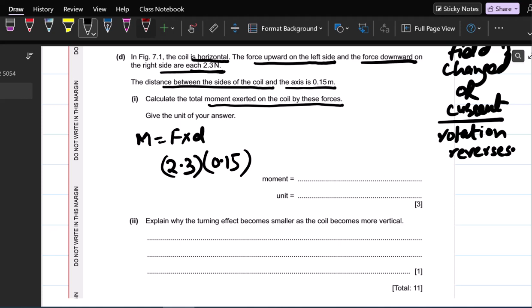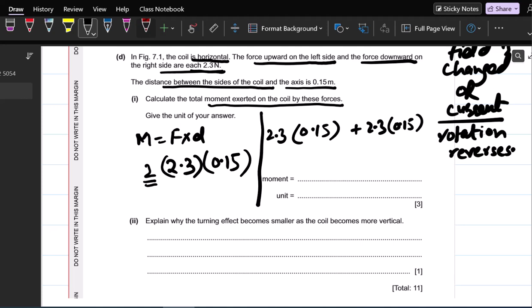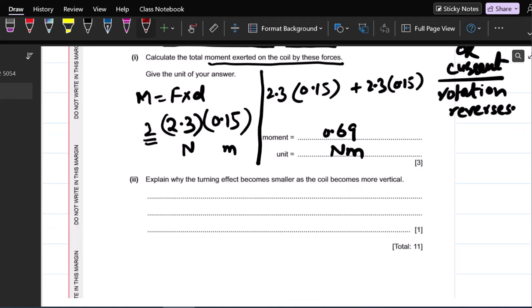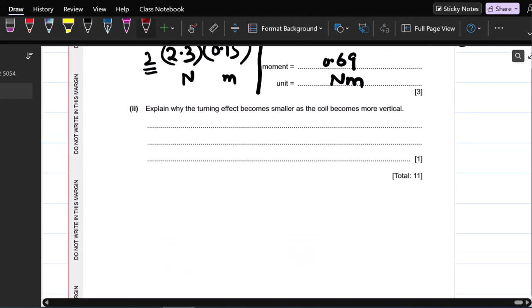One way is you simply multiply by 2 or you add them separately, plus 2.3 times 0.15. This will give you total moment. And the unit will be Newton meter, so after calculation 0.69 Newton meter.